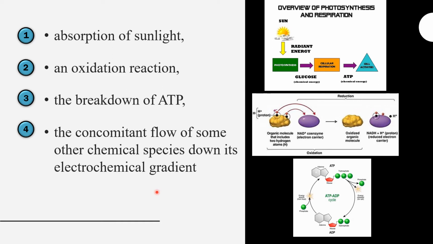Therefore, the outer face of the cell membrane is positively charged and the inner face is negatively charged. So there is a difference in the charge, and there is high concentration of protons on the outer side. Therefore, it also creates a chemical gradient. So together it creates an electrochemical gradient.